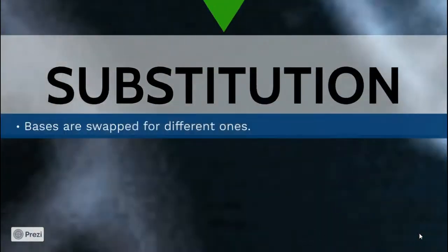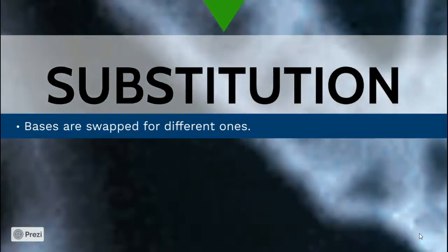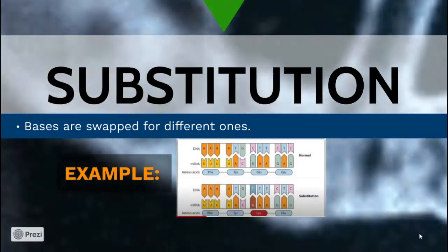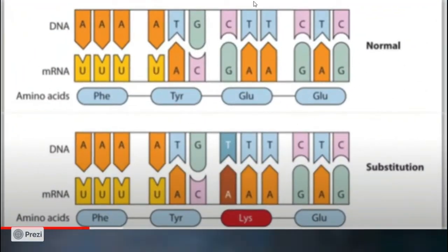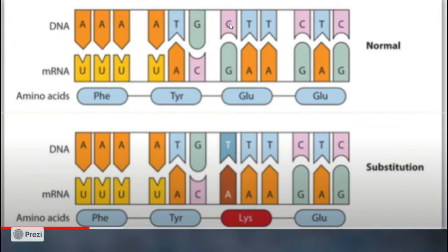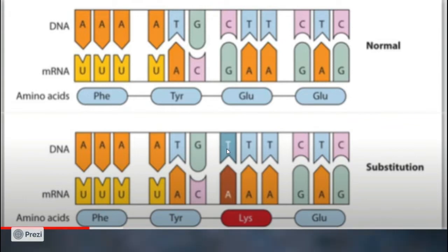Substitution is when the nitrogen bases are switched or swapped for different ones. For example, from the normal DNA sequence, a swap of nitrogen bases happens here. Instead of CTT, the cytosine was swapped into thymine.